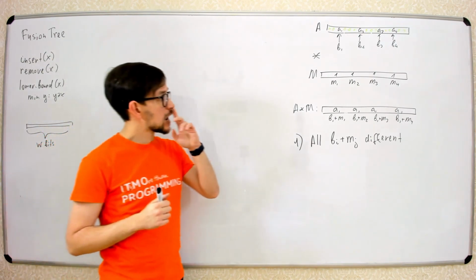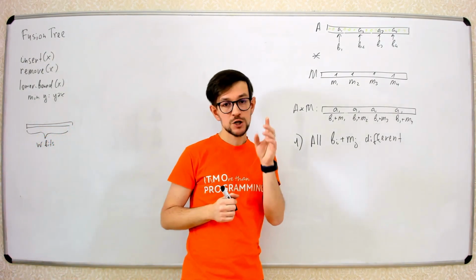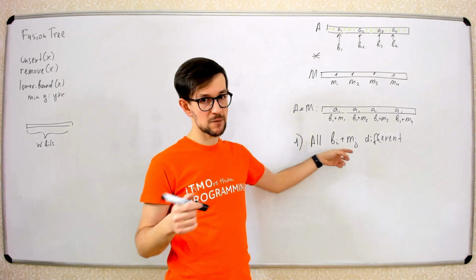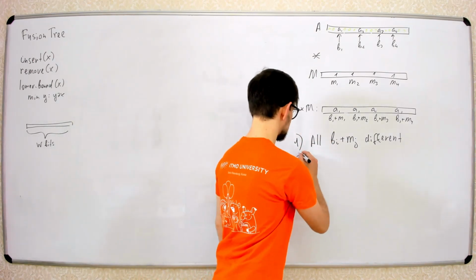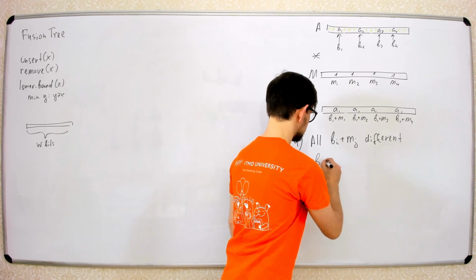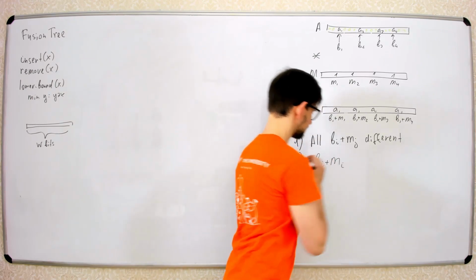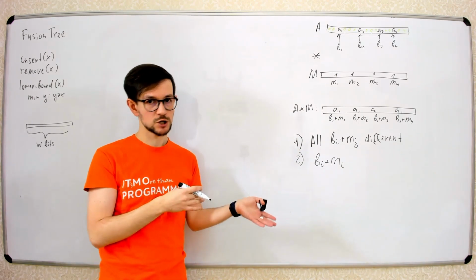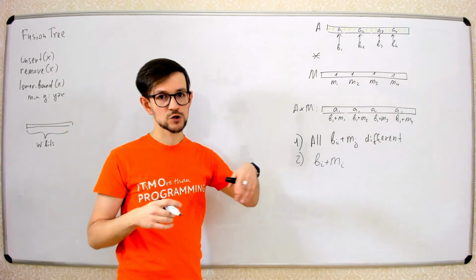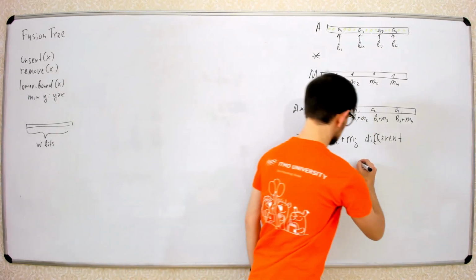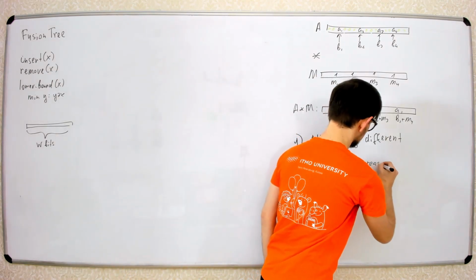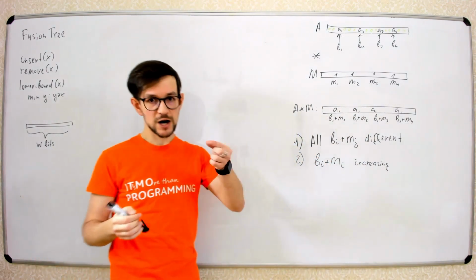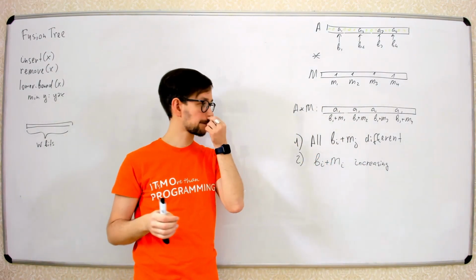Now, the positions I will use for my sketch are positions Bi plus Mi. And I want these positions to be increasing, so in the final sketch I have my bits in the same order.